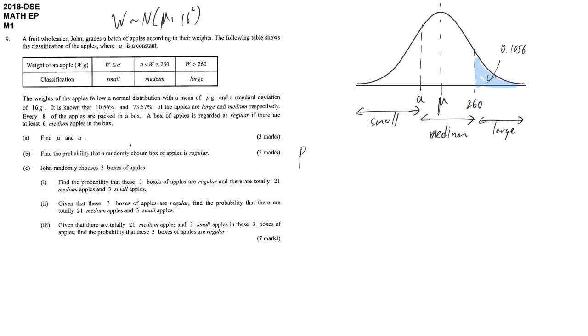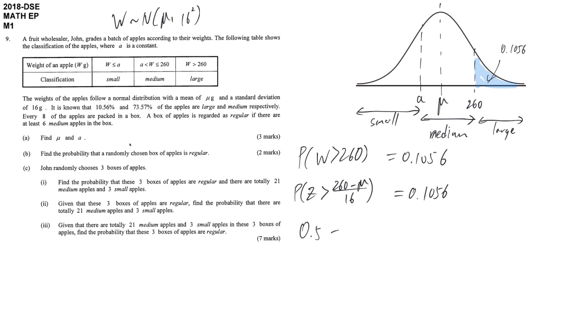So we start from P(W larger than 260) is equal to 0.1056. If we standardize it, 260 minus mu divided by the SD 16. Since this is less than half, we know that this whole region is on the right hand side. Therefore, we can say the blue region is half, and then minus this region.